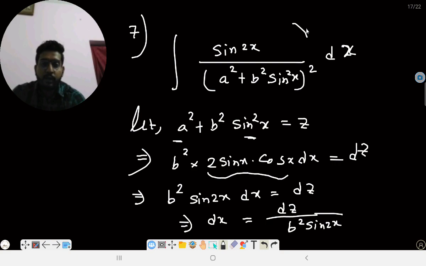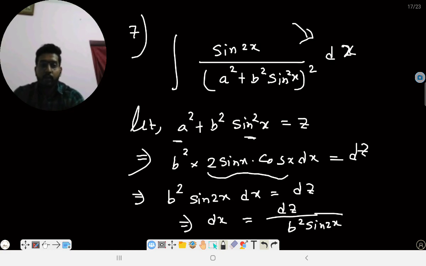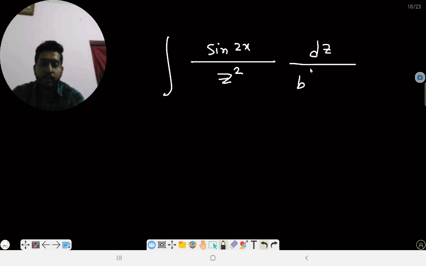Now put the values here, so it will become integration of sine 2x divided by z square. Now dx can be written as dz by b square sine 2x.